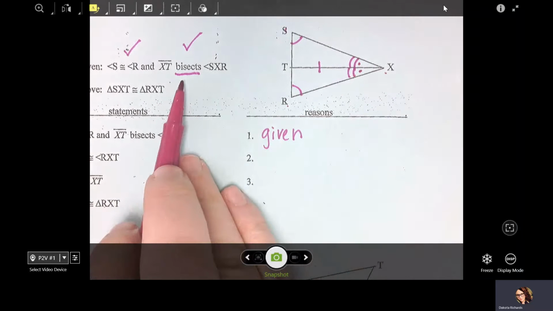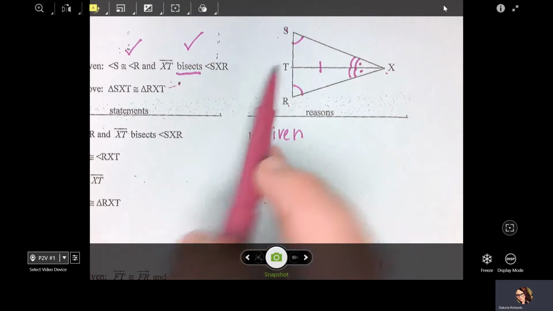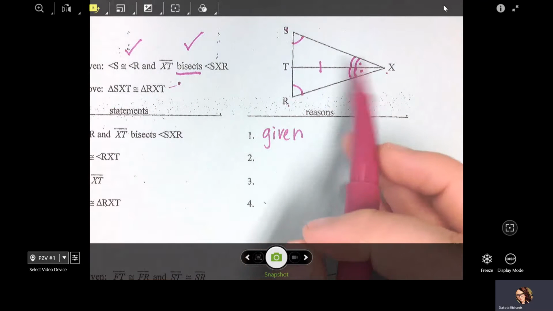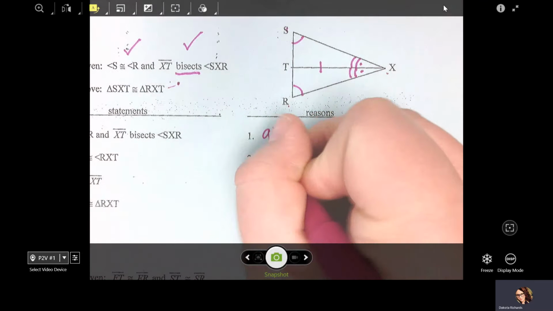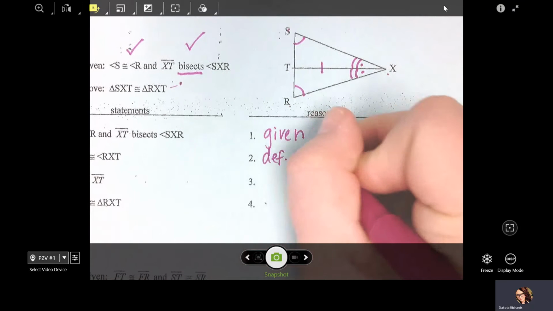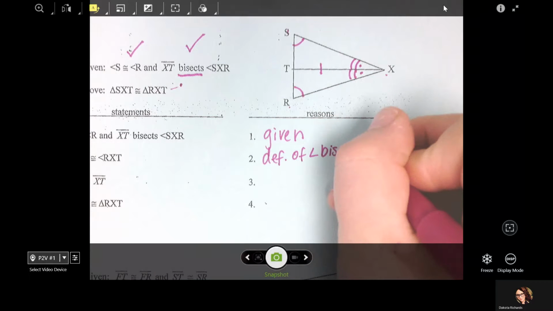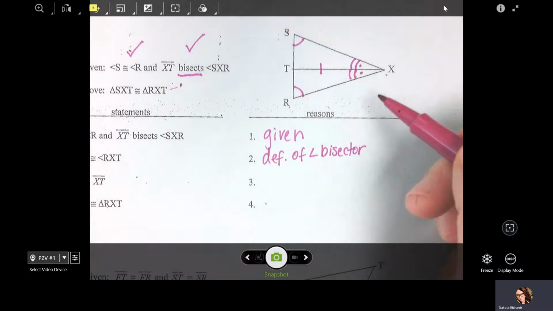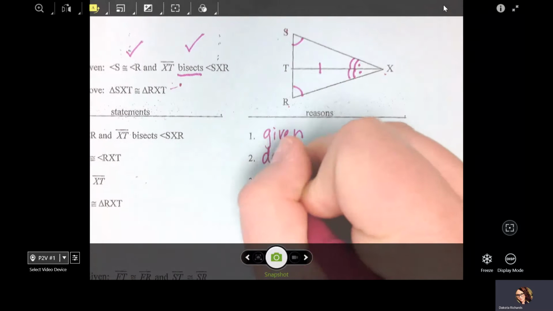Well, when it told me to bisect, that's what an angle bisector does. It cuts this in half, and it creates two congruent angles. So this would just be definition of angle bisector. XT is congruent to XT. That's setting it equal to itself. That is reflexive property.